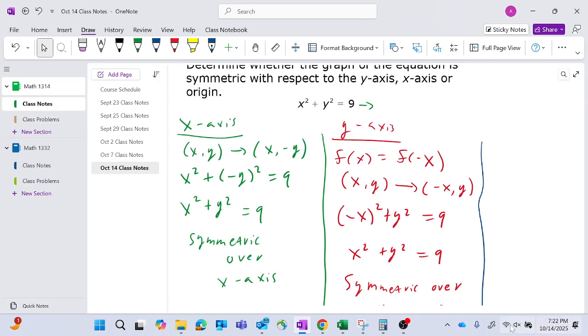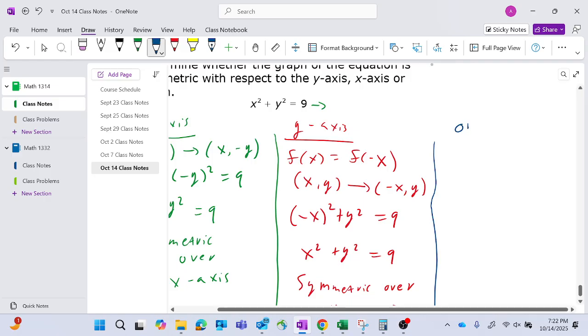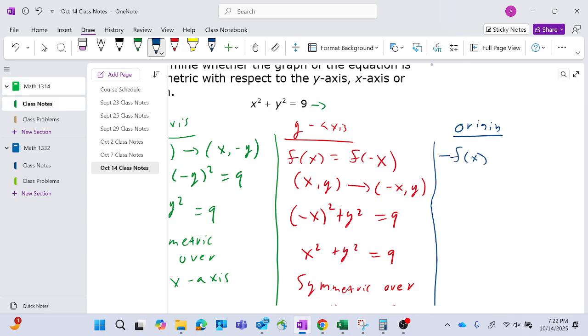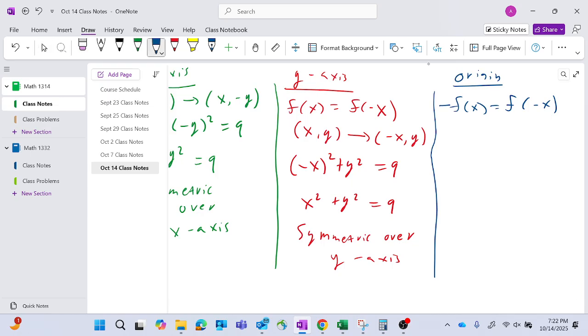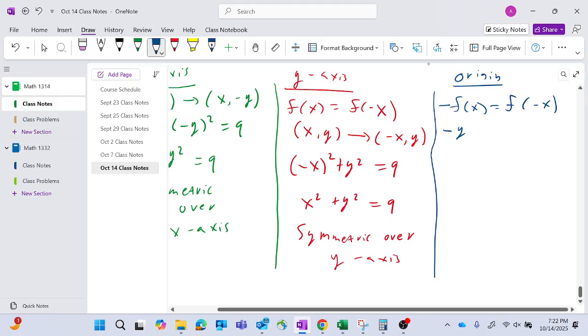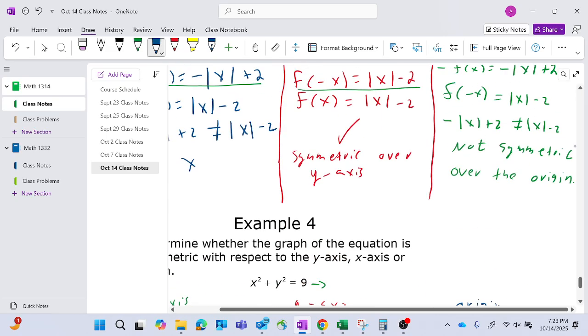And now for the origin. So this was negative f of x equals f of negative x. Another way to say this is that the point (x, negative y) should be the same thing as (negative x, y).